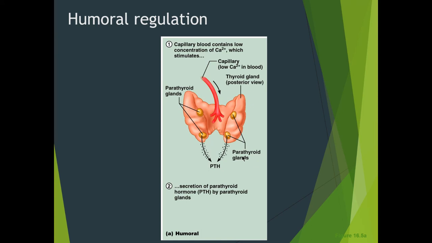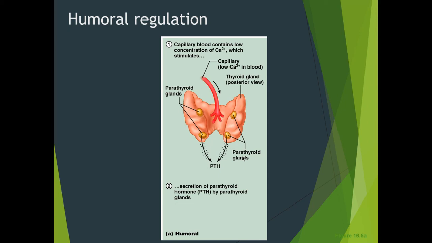And so that's humoral regulation because calcium is not a hormone. It's either a nutrient or an ion. Well, it's an ion. So we have this calcium in the blood. As calcium levels fall, the parathyroid glands, which we'll talk about a little bit later, detect it. And they, in turn, are going to release parathyroid hormone, PTH, and PTH will bring the calcium back up.